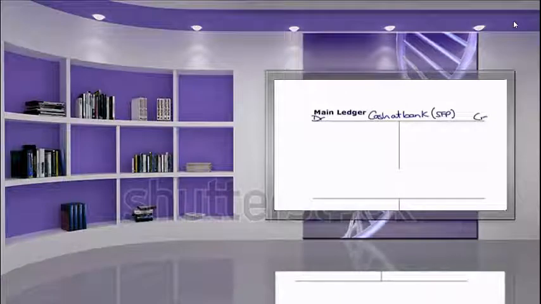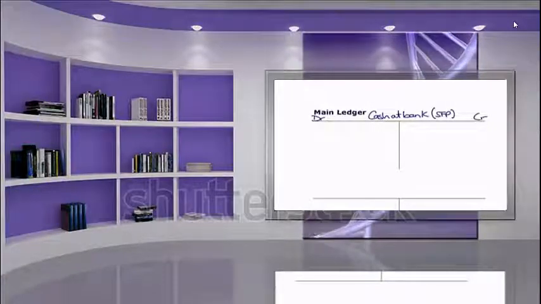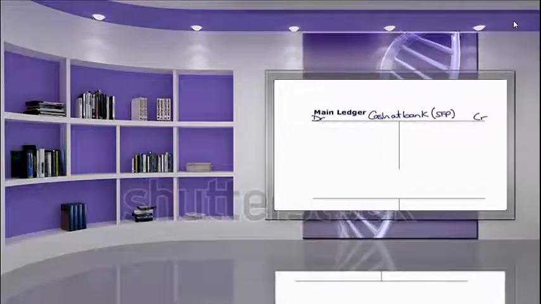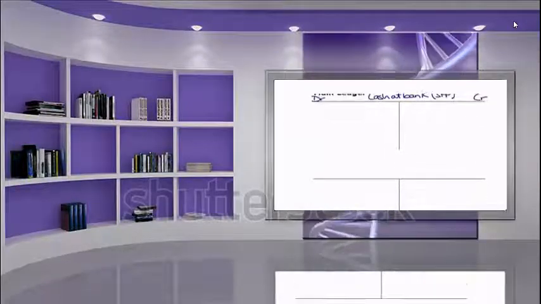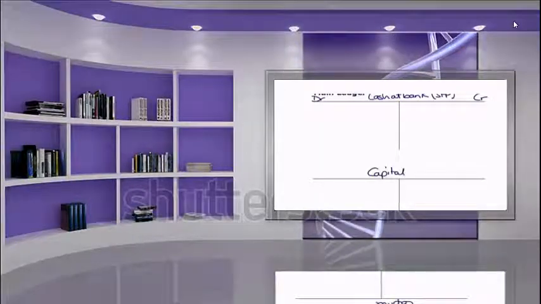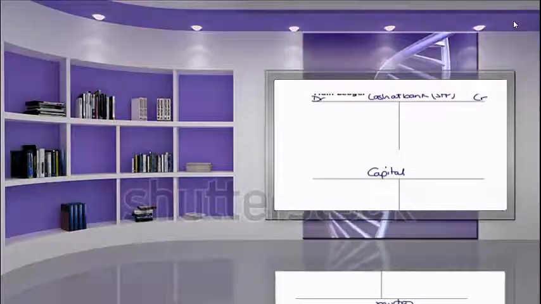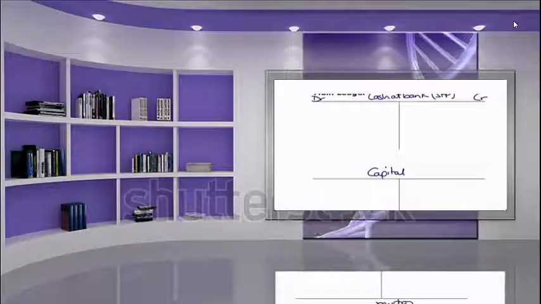Now we said the other account we had was capital. So you can see in your notes that the second blank ledger account, we're going to use for capital. And remember, capital is an item that appears in the statement of financial position.